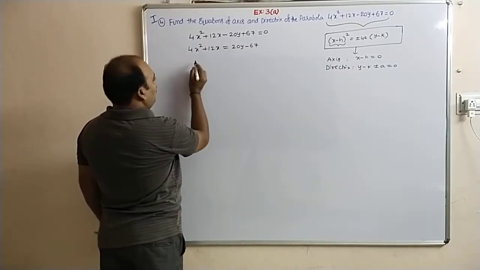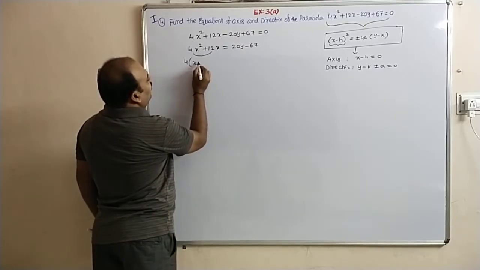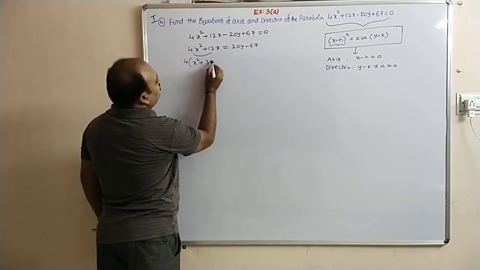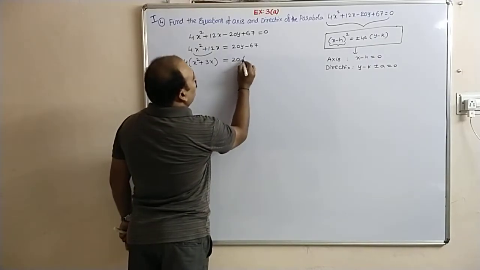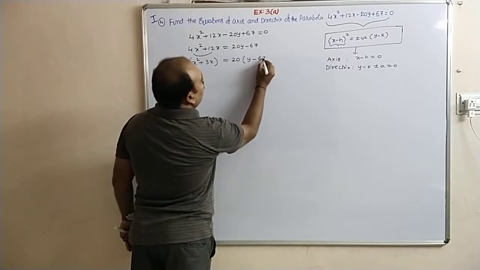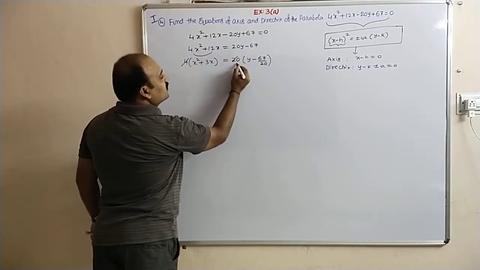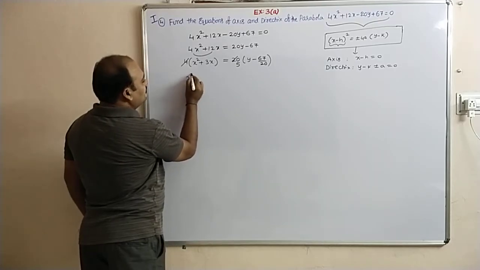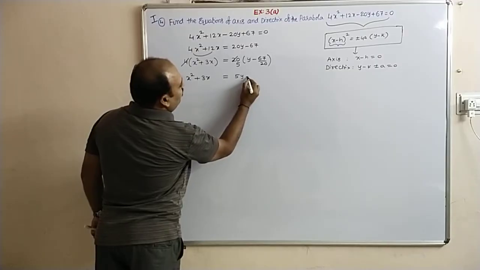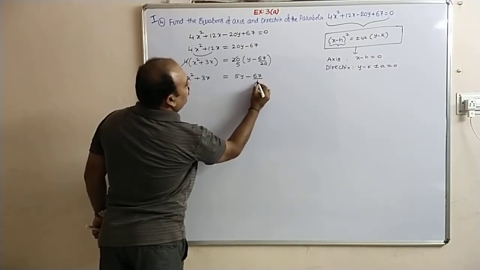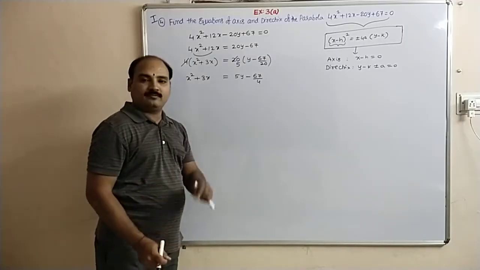After that, from these two take common 4: x squared plus 3x is equal to 20 into y minus 67 by 20. Take common 20 here also, 4 ones are 4, 4 fives are 20. So now x squared plus 3x is equal to 5y minus 67 divided by 4. 5 ones are 5, 5 fours are 20. Actual multiplication I did here.